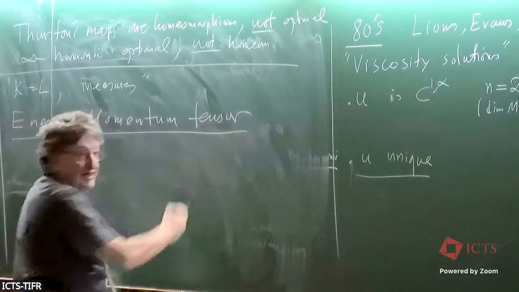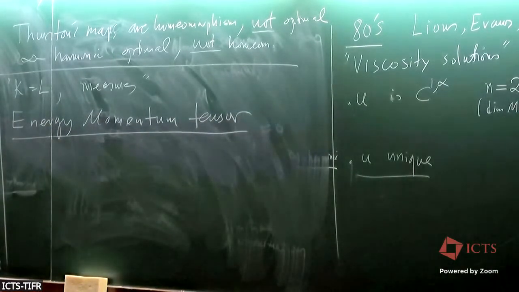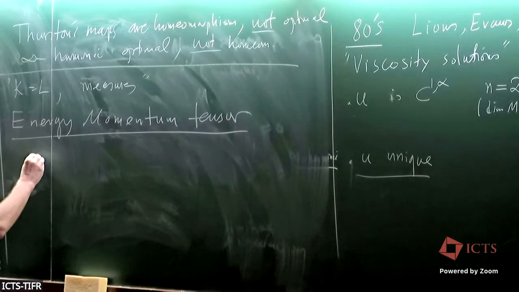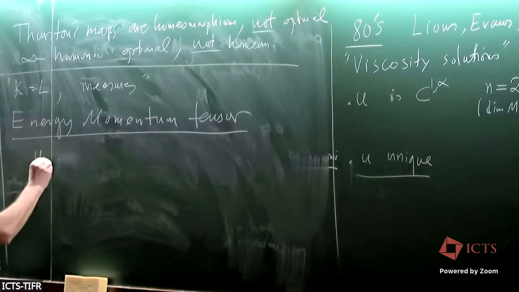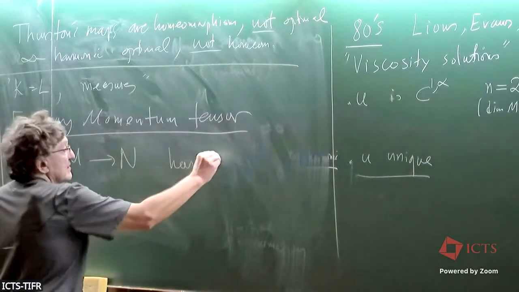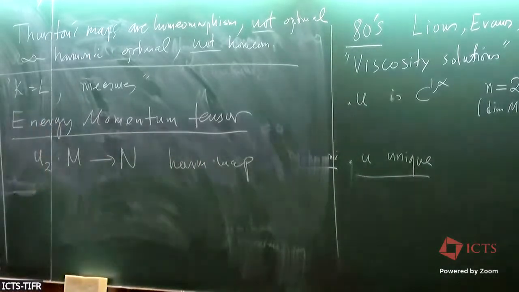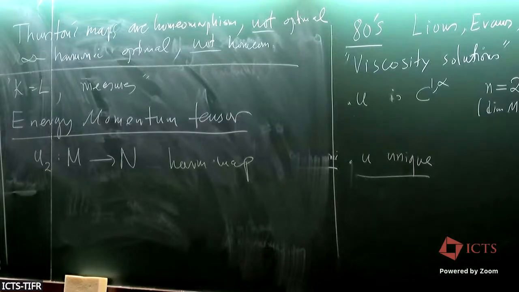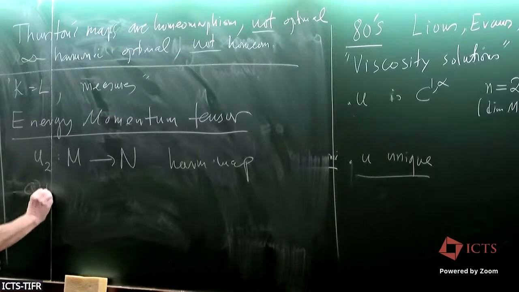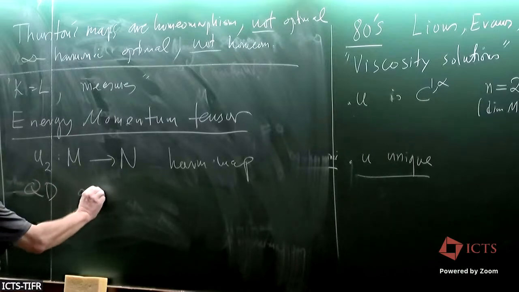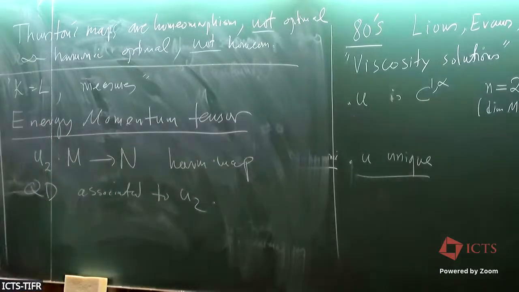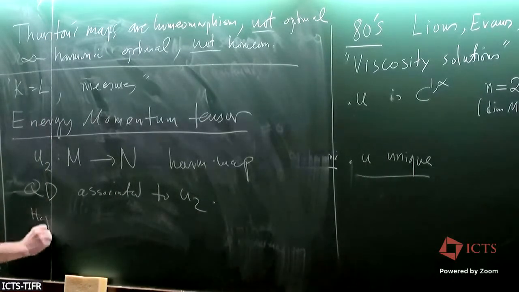Okay, just to motivate for this audience: if you take u, say a harmonic map from M to N, then a big ingredient of the theory is that there's a quadratic differential associated to u, namely the Hopf differential.